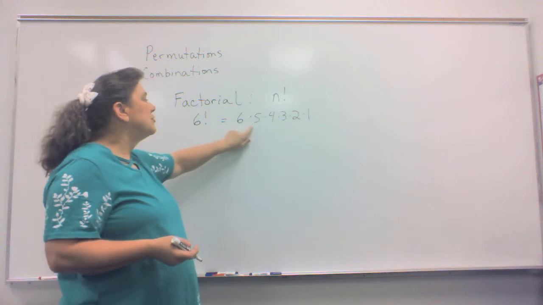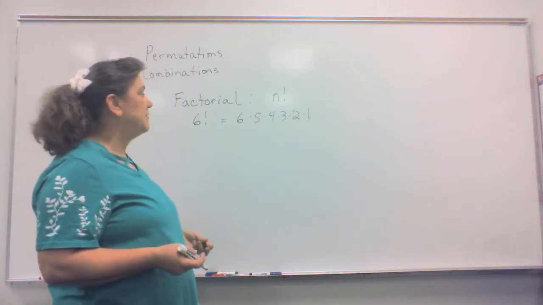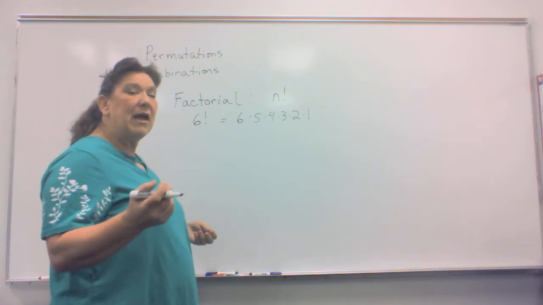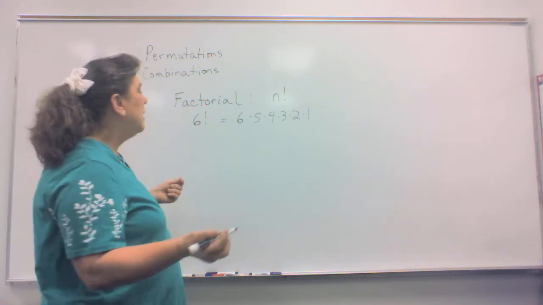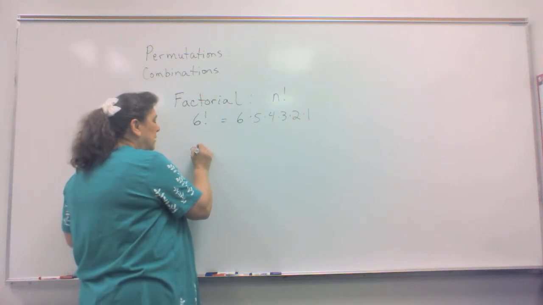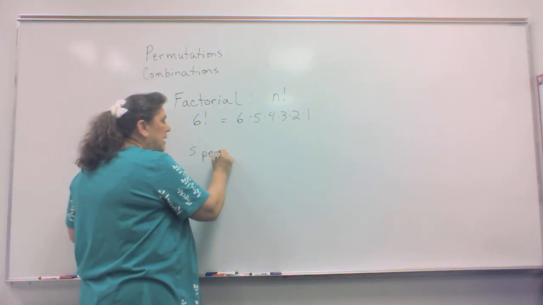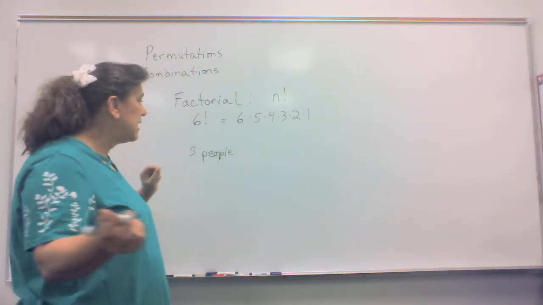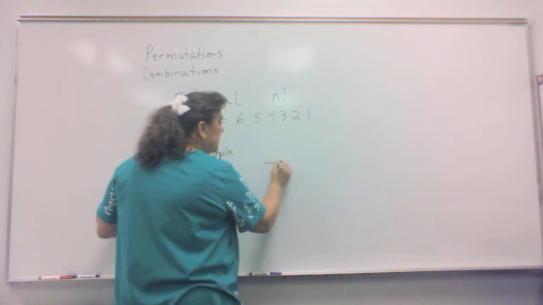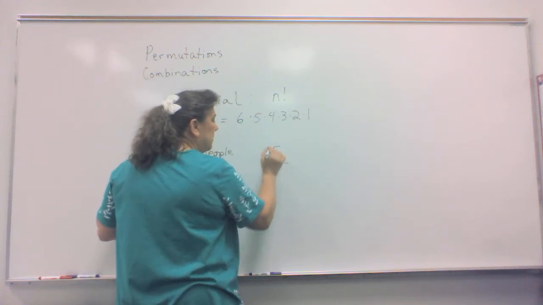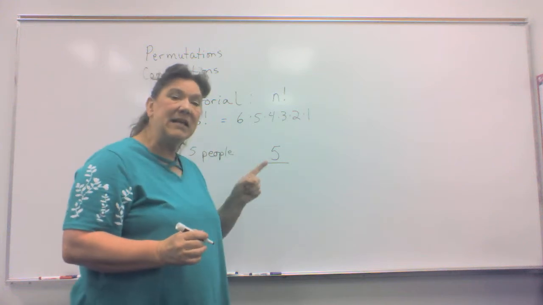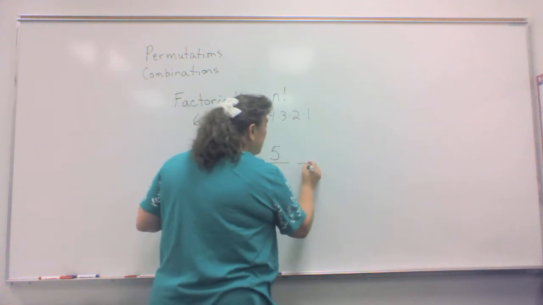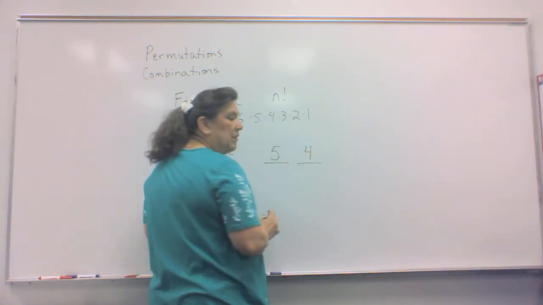So 6 factorial is 6 times 5 times 4 times 3 times 2 times 1. And you have actually kind of seen this already. If you had 5 people that you wanted to arrange into 5 different positions in a company, for the first position you would have a choice of 5 people. But once a person has a position, that person is no longer in the group. So the second position only has 4 people available.